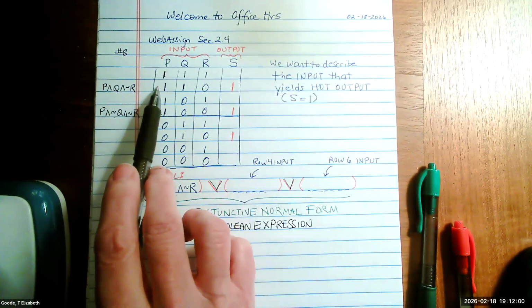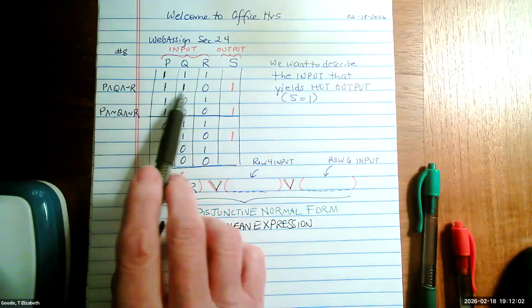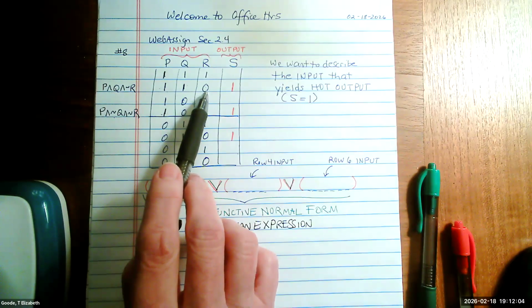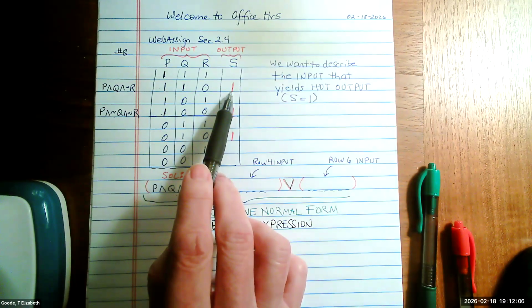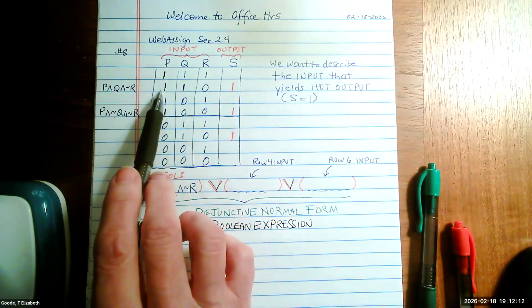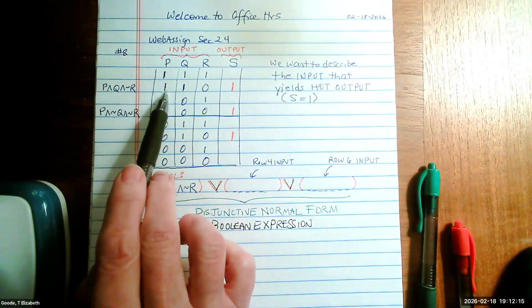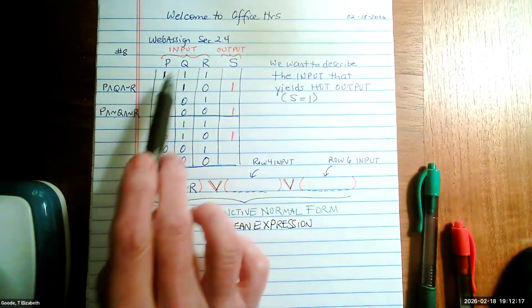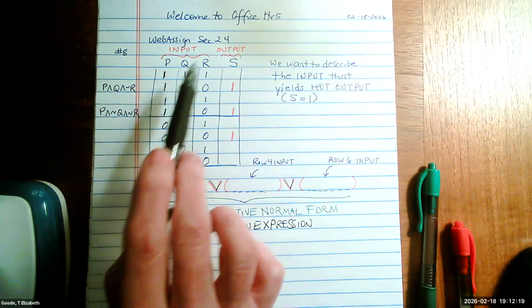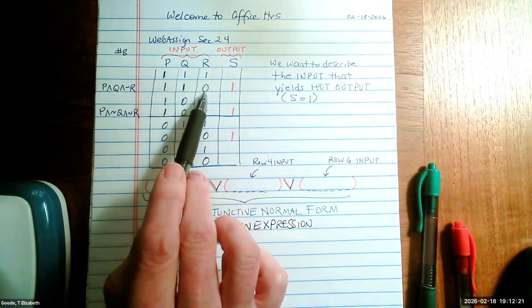So we worked through the expression for the input in row 2, because that's the first row when the output variable S equals 1. In row 2, P has the value 1, Q is 1, and R is 0.